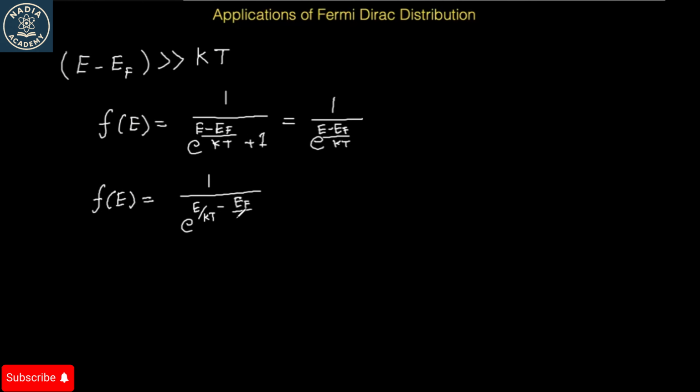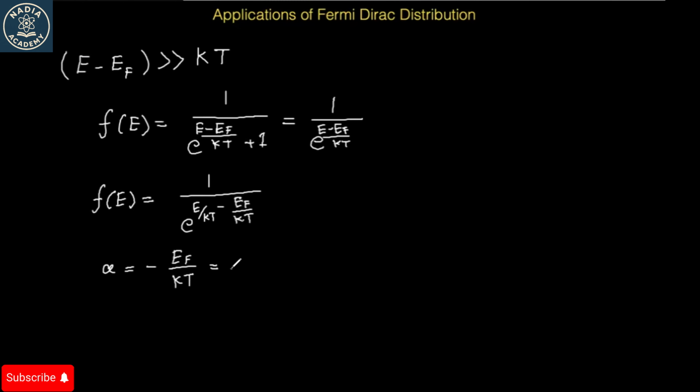Let's presume that we have these coefficients, alpha, that is negative Fermi energy divided by kT. What is this? You can see that it is the ratio of the Fermi energy relative to the thermal energy.